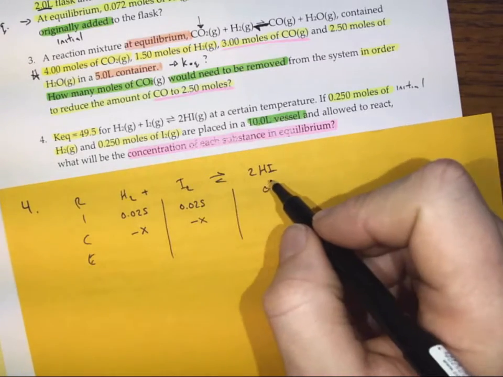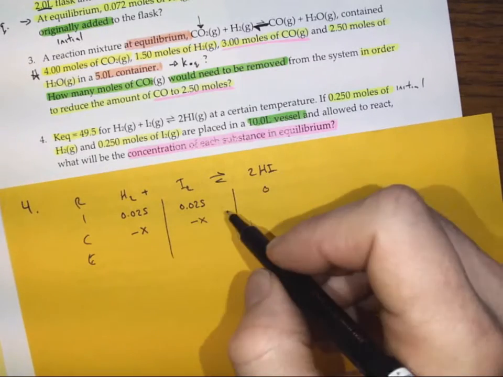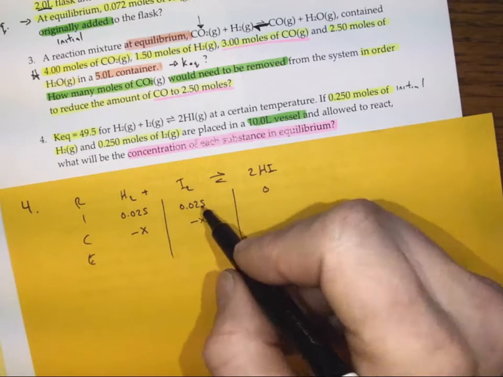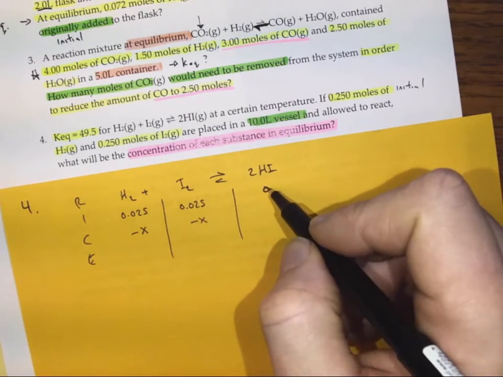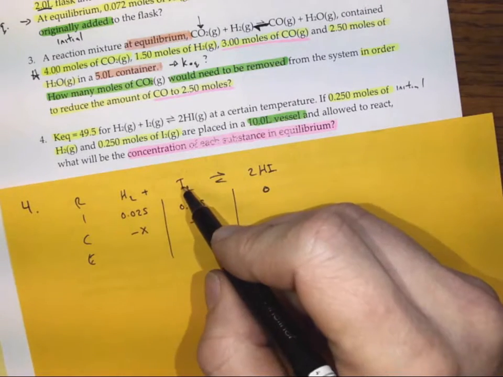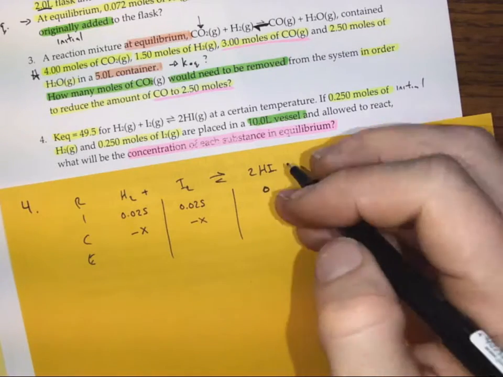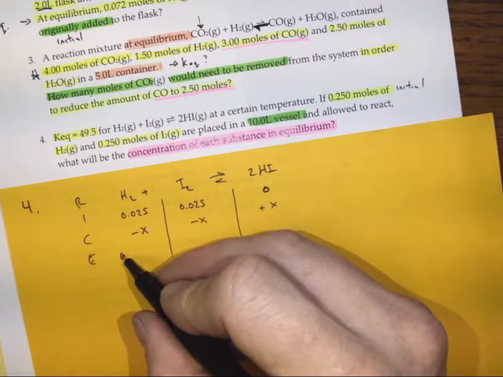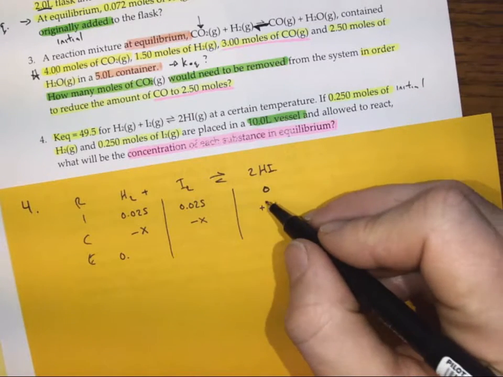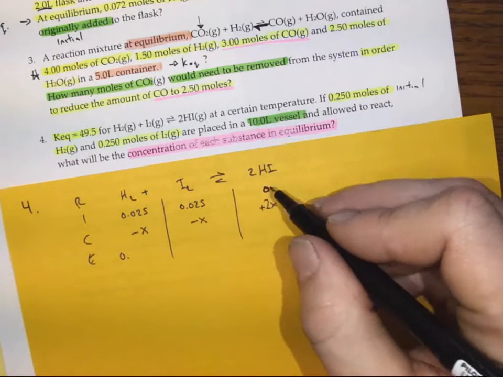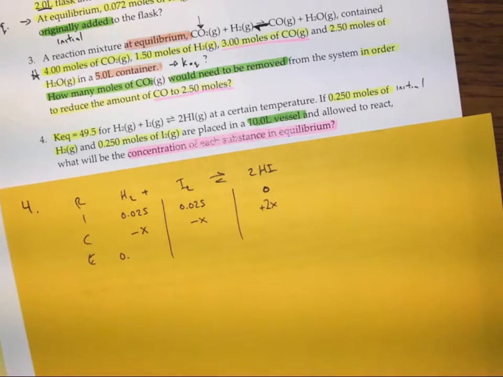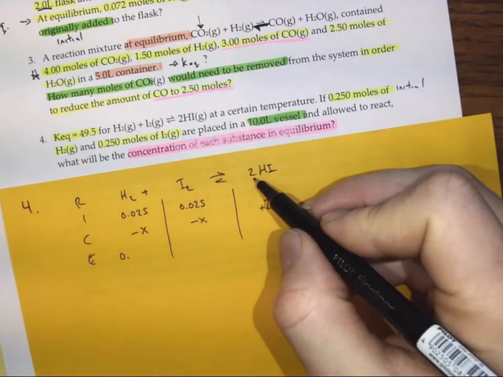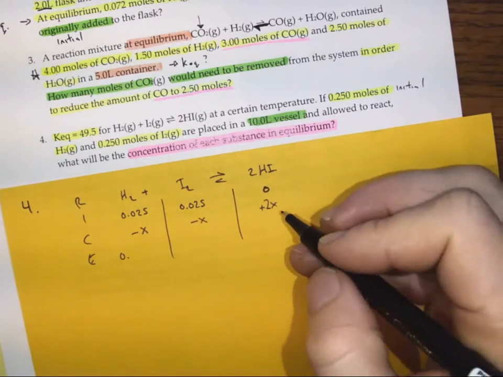So I know that it's going to shift and create products. I can tell because this is not sustainable in terms of equilibrium. I have too many reactants, not enough products, so it's going to shift to the right. So we're going to add X here. Oh, no, sorry, adding 2X, because there's twice as many products in terms of molar ratio as each of these reactants.